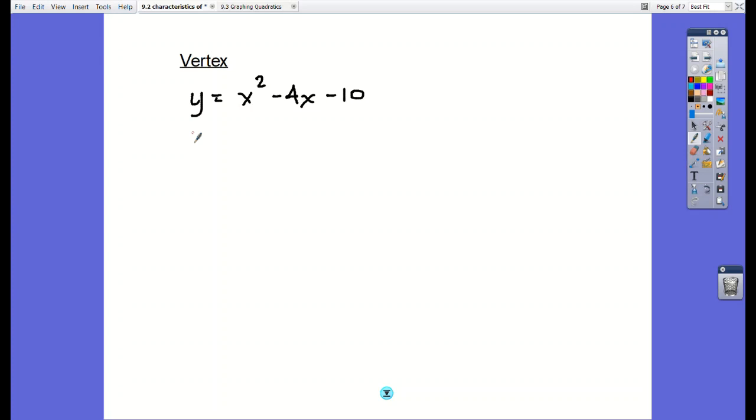So to find the vertex, first thing we have to do is find the axis of symmetry, which in this problem, remember, we just did. So we already know that that answer is x equals 2, because we already did the hard work in the previous problem.